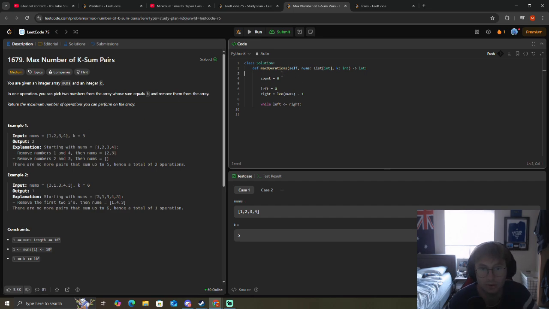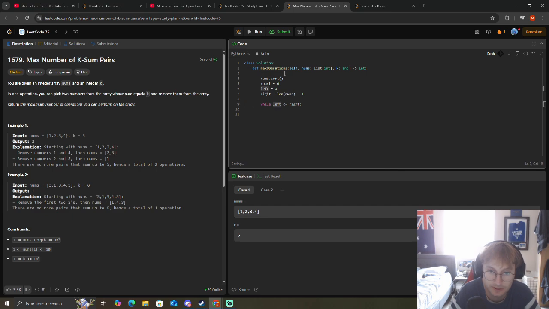I'm thinking we sort it. We sort our array, we create a count, we create our left and right pointers. We move through while left is less than right.